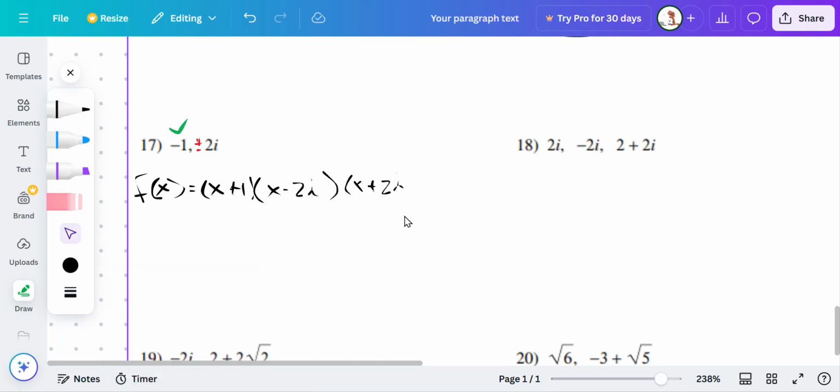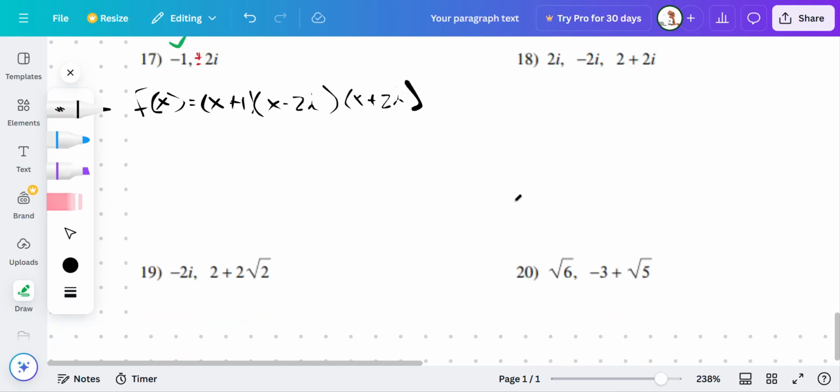Okay, so there are our 3 factors. X plus 1 has a 0 of negative 1. X minus 2i has 2i as a root. And then x plus 2i has the negative 2i as a root.